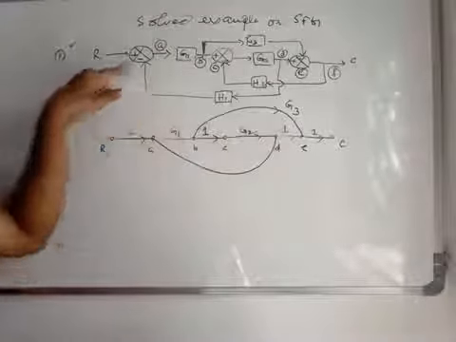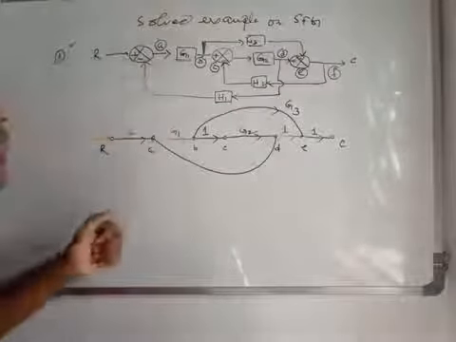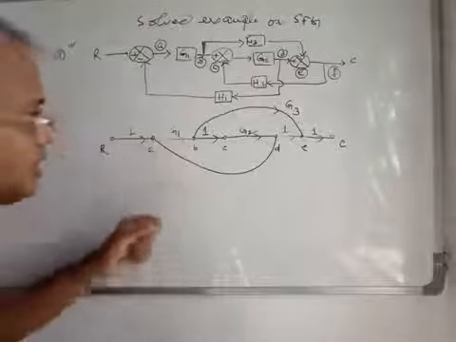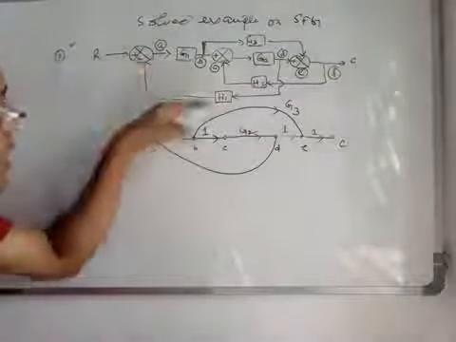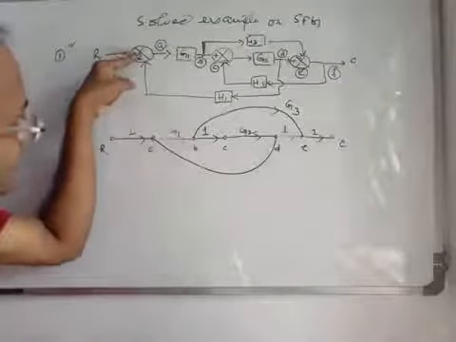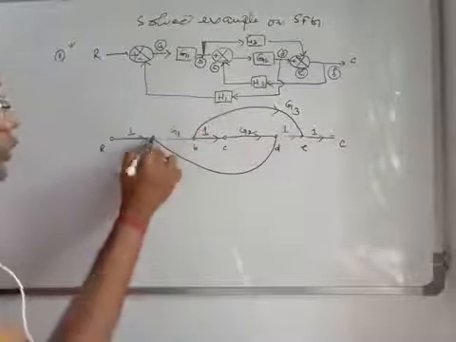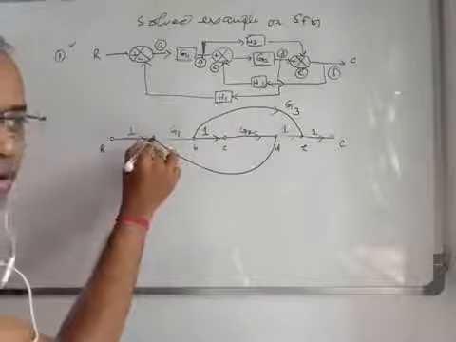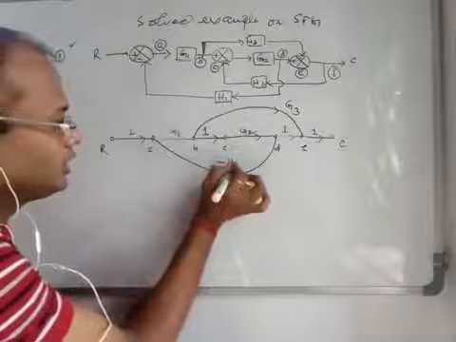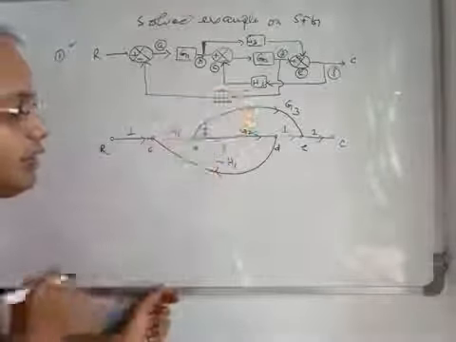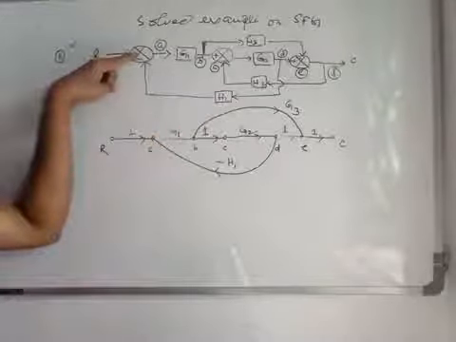And D to A, you see, this is negative feedback. That means, as already discussed in the last class, how to manipulate this symbol: if this is minus, that means this can be treated as positive with minus gain. As there is no such positive and negative in the node conception, you have to consider this gain as negative. That means if this is minus H1 and this is plus, the same thing happens.